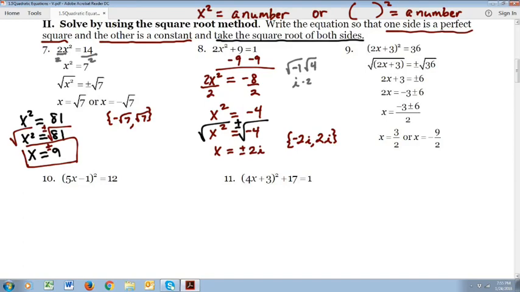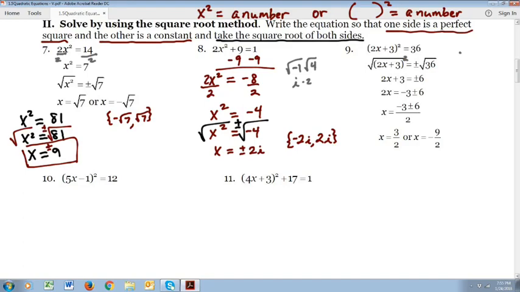Look at number 9. It's very similar to the one we just did, but we don't have x squared. We actually have an expression squared, 2x plus 3, squared. Because again, we're trying to get to the x, we can get rid of that square, the 2, by taking the square root, doing the opposite.